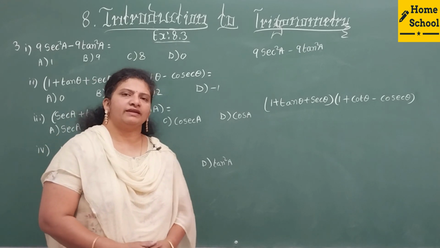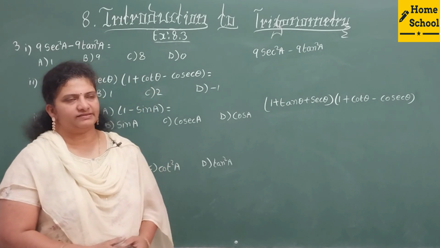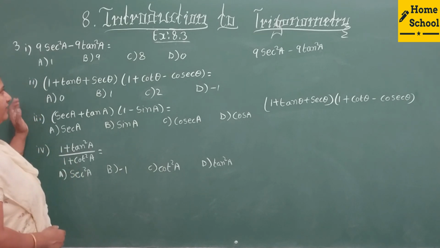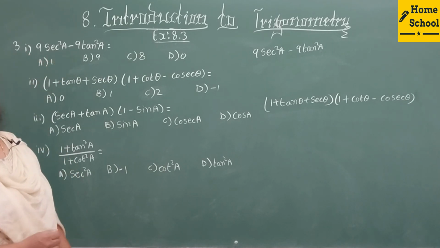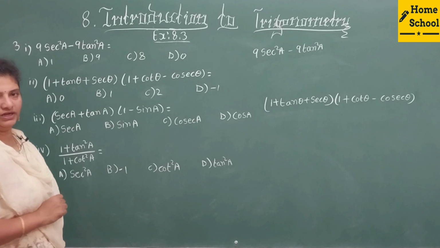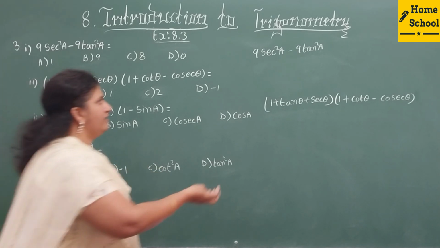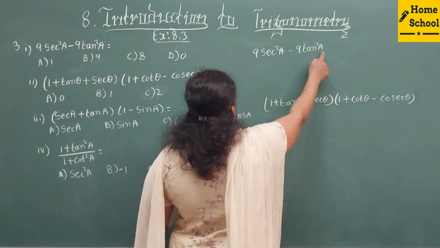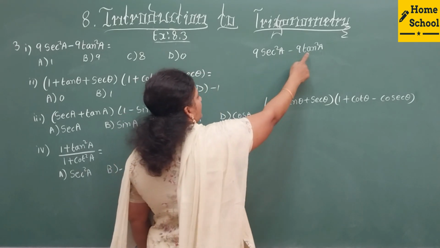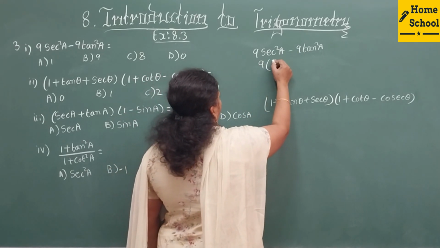Third one, choose the correct option and justify your answer. First one in it, 9 secant square A minus 9 tan square A is equal to. Let us solve this one. 9 secant square A minus 9 tan square A. From these two, 9 is common.